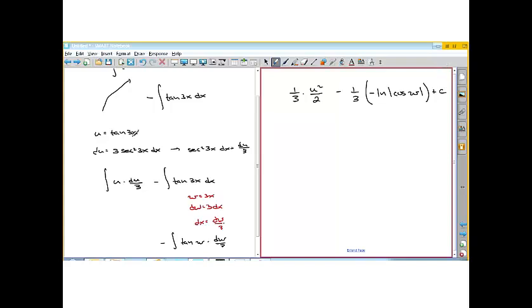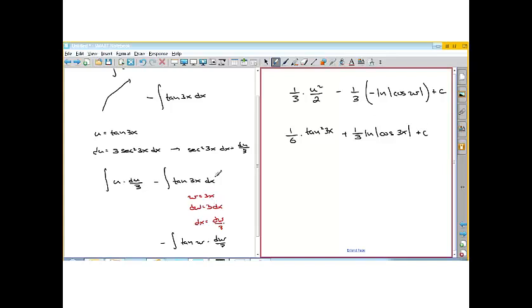Finally, we just substitute in u, so we get 1/6 u squared. U is tangent of 3x, so we get tangent squared of 3x. And then a negative times a negative is a positive. We have 1/3 times the natural log of the absolute value of the cosine of w. W is 3x.